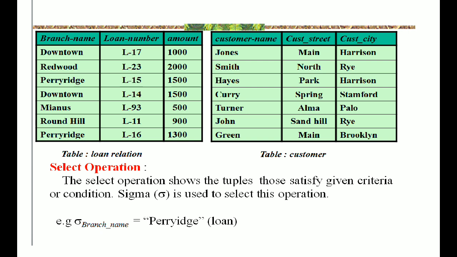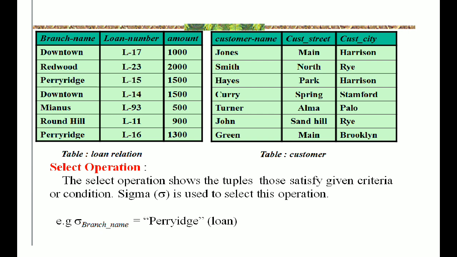Now let us see the syntax. First of all, write the select operation, that is sigma. Then which branch do we want? The branch name is written as a subscript, is equal to Perryridge. That branch name is written after the equal sign in double quotes.